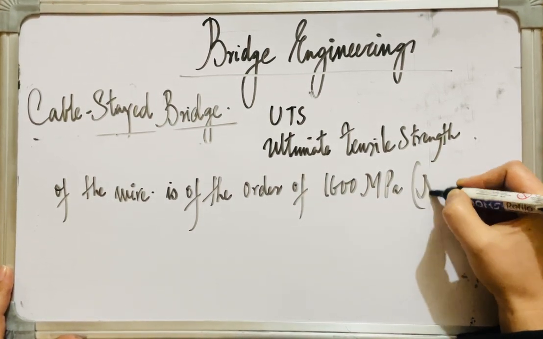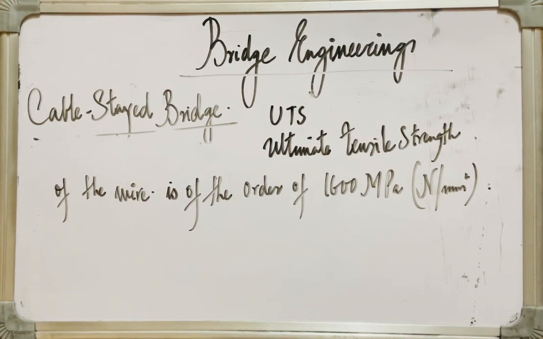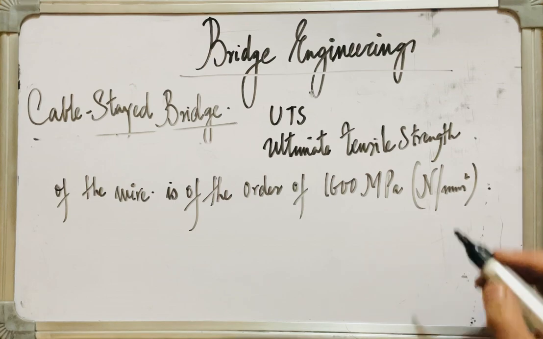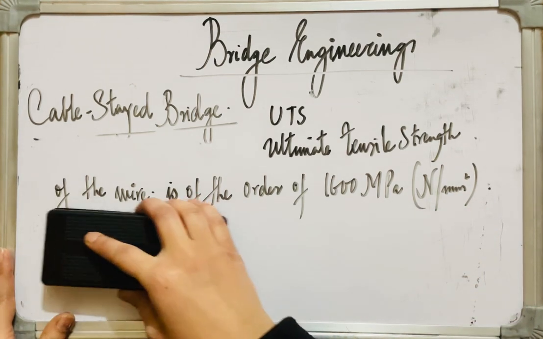MPa, Newton per mm square. All right. So the ultimate tensile strength of the wire which constitutes these stay cables should be of the order of 1600 MPa or 1600 Newton per mm square. Now comes another challenge.